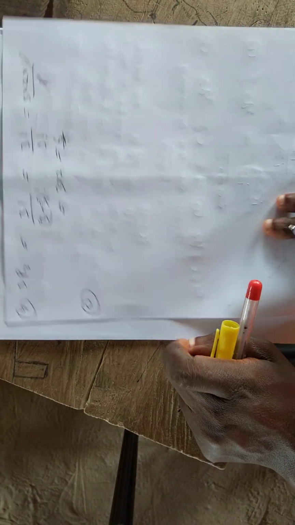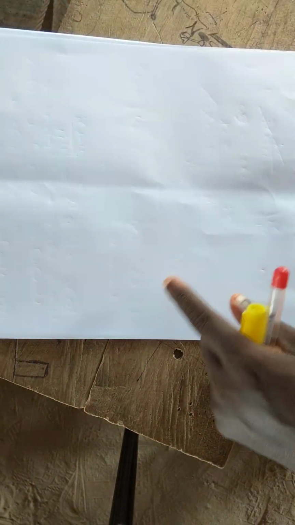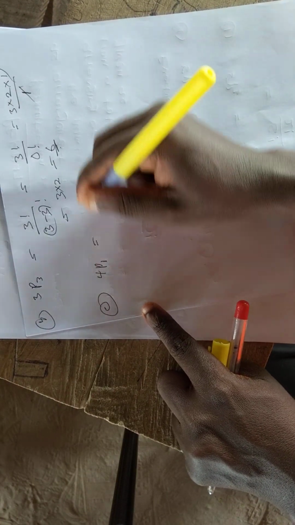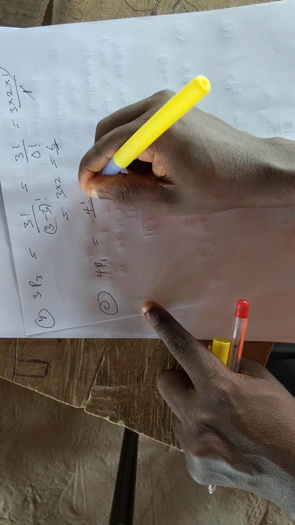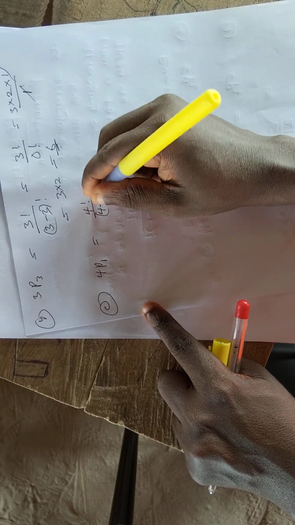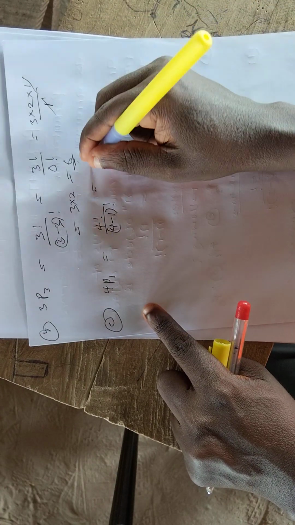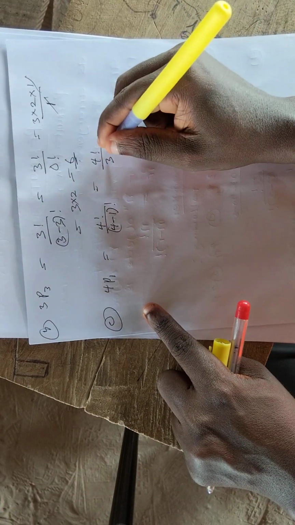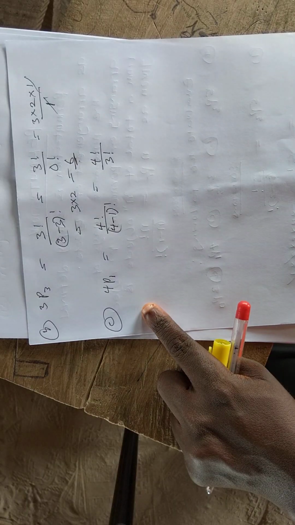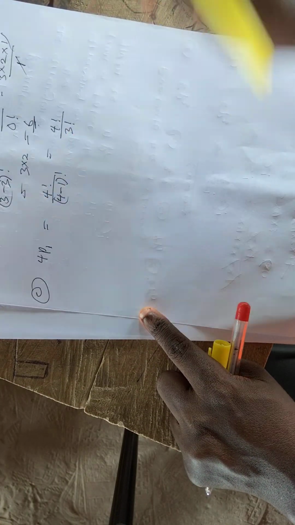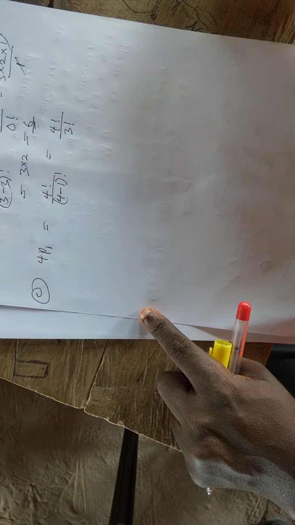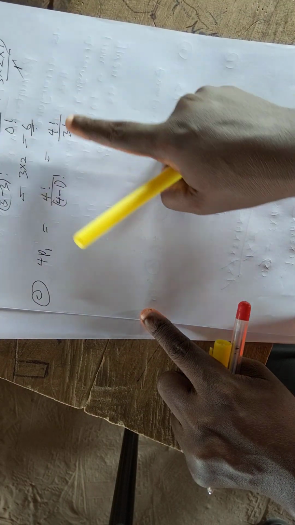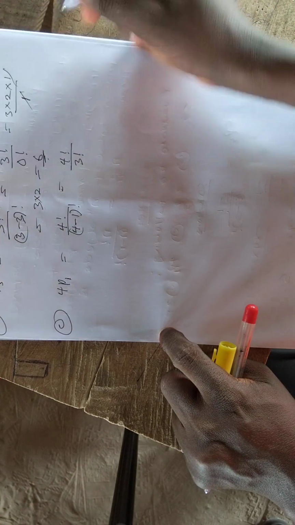So C, we have 4 permutation 1. This is 4 factorial over 4 minus 1 factorial, which is 4 factorial over 3 factorial. We have 2 ways to do it. We can multiply the 4 to 1 and multiply the 3 to 1, that is the first way, or we can just multiply the 4 until it gets to 3, then we put the factorial. Let's try the first way.